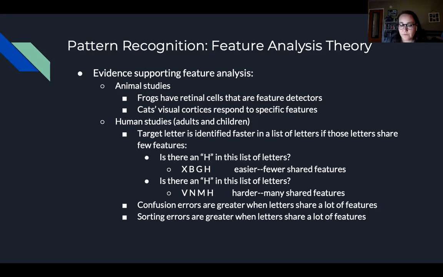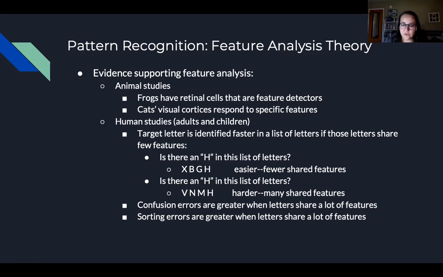And the idea of feature analysis is also supported by human performance on cognitive tasks. In these sorts of studies, adults and children were asked to identify letters within a list. It was found that they're able to identify letters faster when there are only a few visual features shared amongst the letters on the list. These subjects were given a target letter, let's say H, for example.